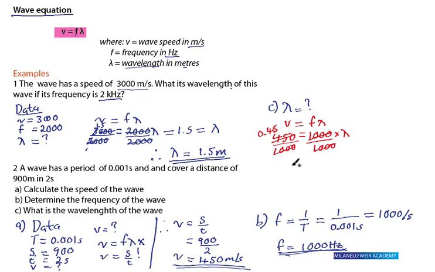Therefore, the wavelength lambda is equal to 0.45. The unit for length is meters, so it has to be meters. If you had included units in your calculations, the meters would come out as it's supposed to. So this is the answer to C.